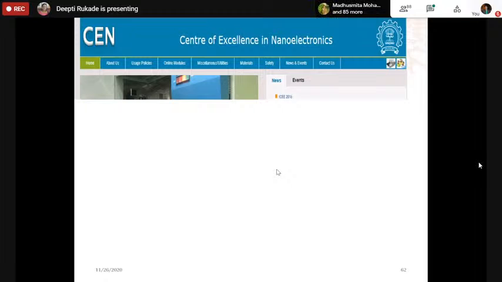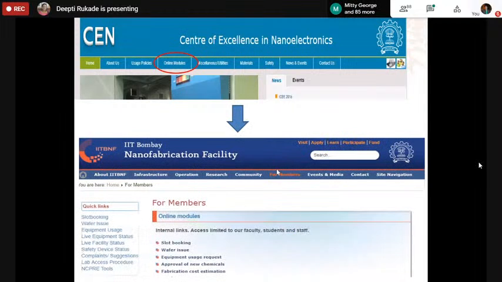For that, I'll tell you in the next slide, but I'll first show you whatever I have explained and how you go and check for those. This is open to all users. You can anytime visit the IITBNF or the CEN facility. Here you can see online modules. When you click on that, you will see something that looks like this.